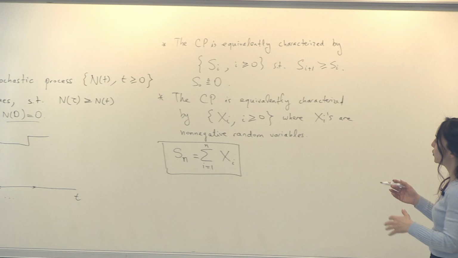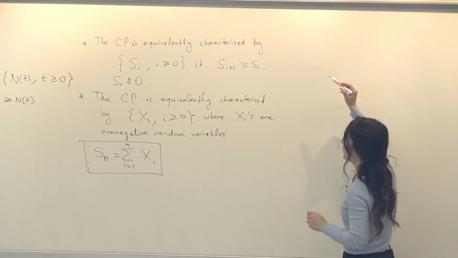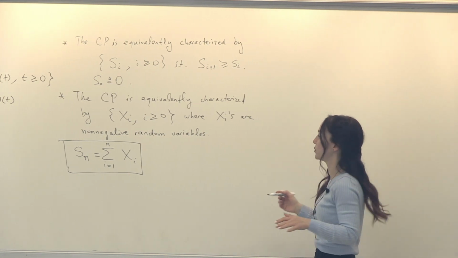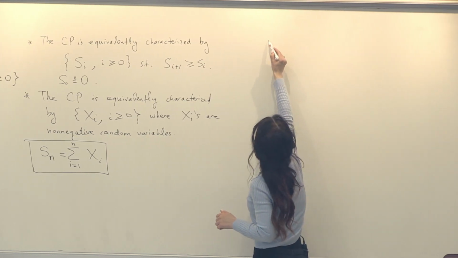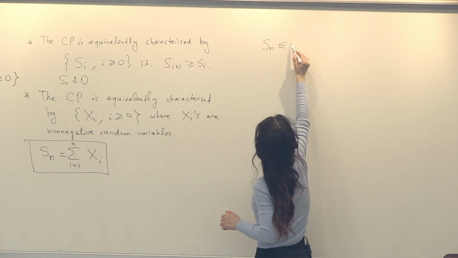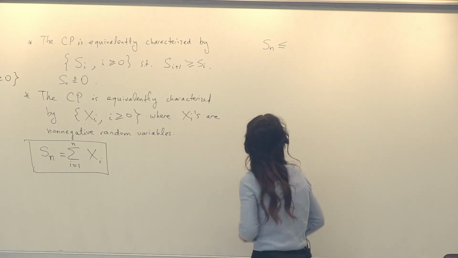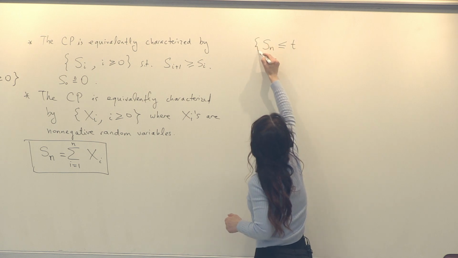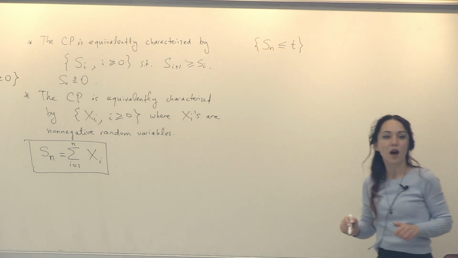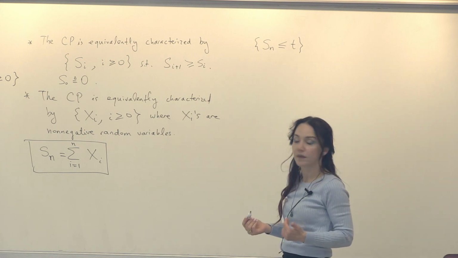Let's try to tie N of t and Sn together in terms of events written in terms of each of these. So think about, first of all, the event that Sn is less than or equal to t. How can you write this in terms of N of t?